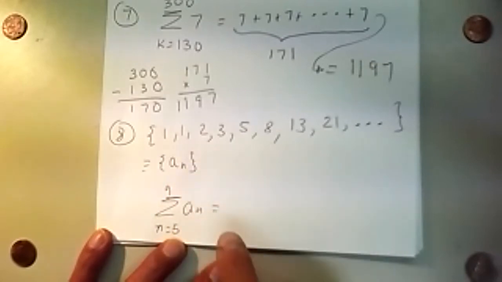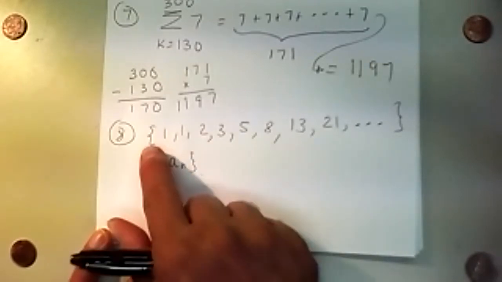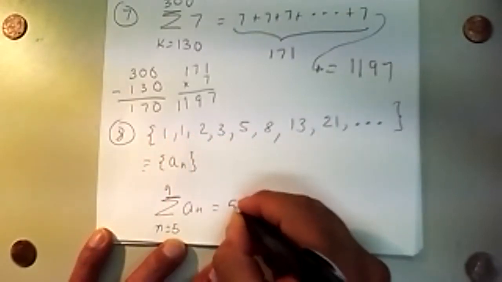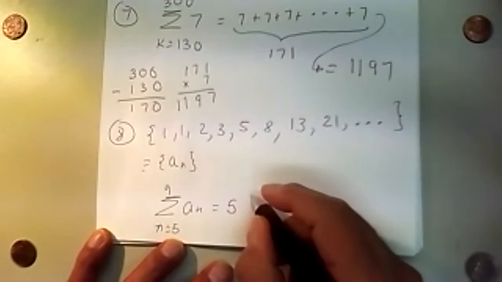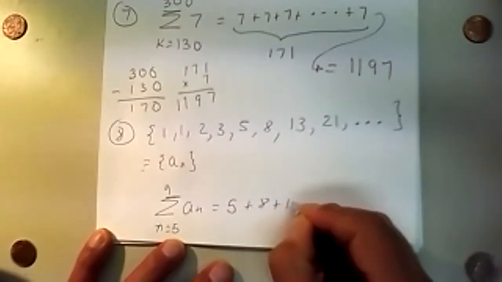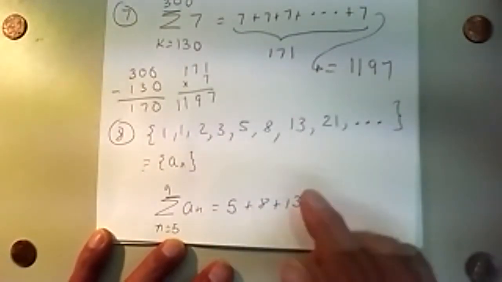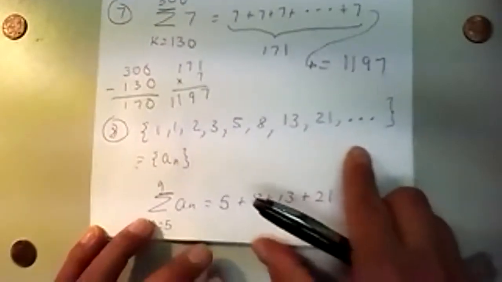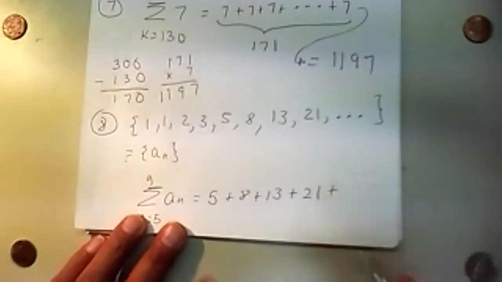So we want to start with the fifth element: 1, 2, 3, 4, 5. The fifth element happens to be 5. That's a pure coincidence. Plus 8, plus 13. So 5, 6, 7, plus 21. The next one is not on my list, so I have to figure out what it is.